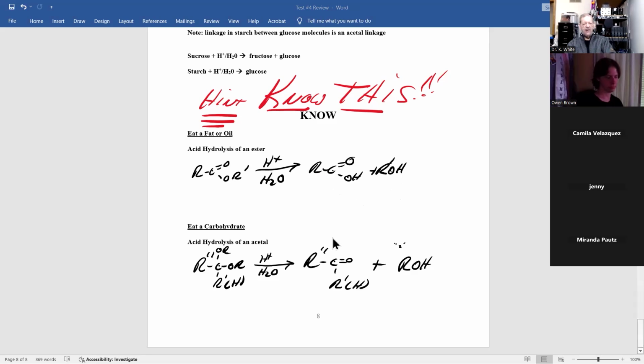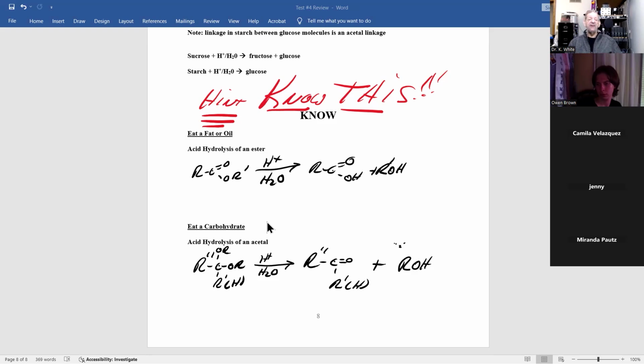You should also know how to describe with words and a general reaction what happens when you eat a carbohydrate. Again, in your stomach, we have water, like I just drank.